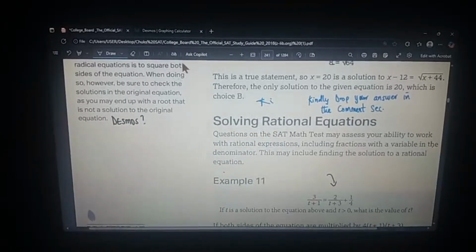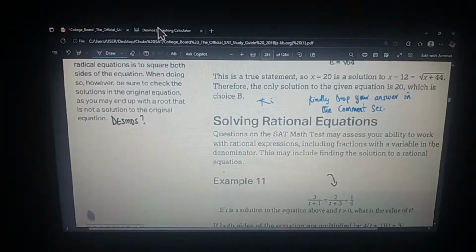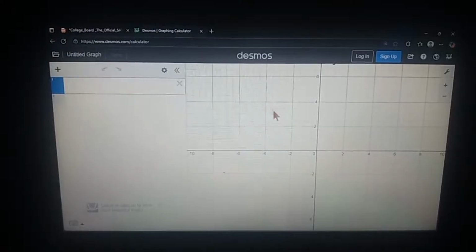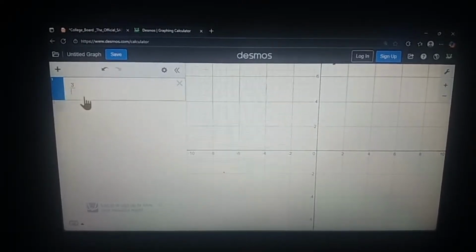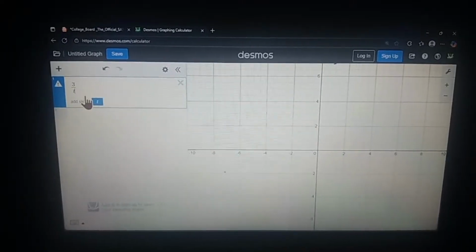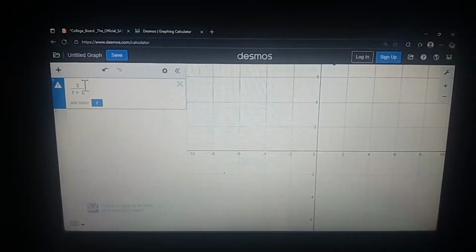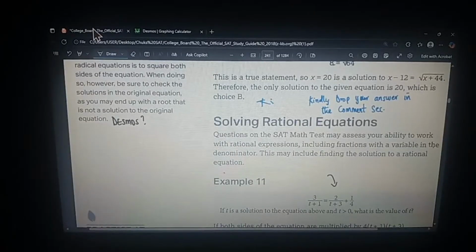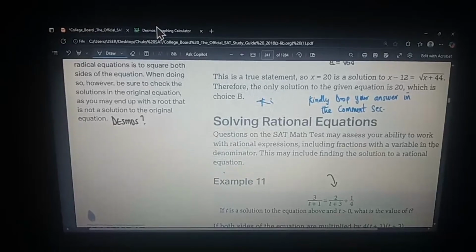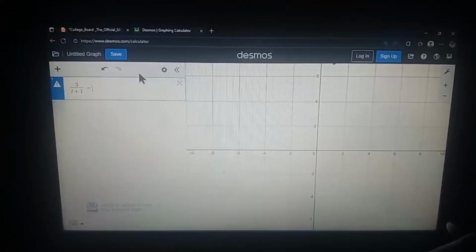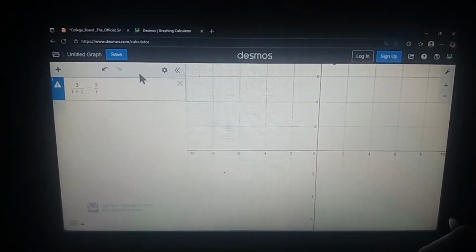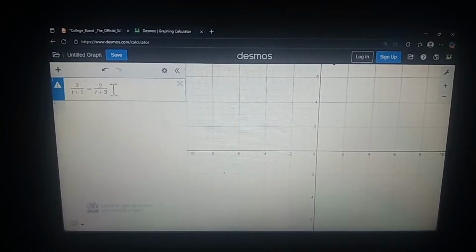Now let's go over to the Desmos graphing calculator. This is the interface, and you just put in the equation right here. We have 3 over t plus 1, equal to 2 over t plus 3, plus 1 over 4.